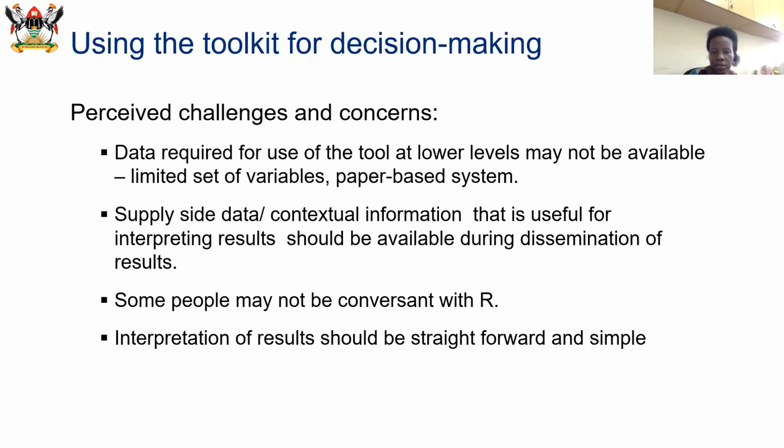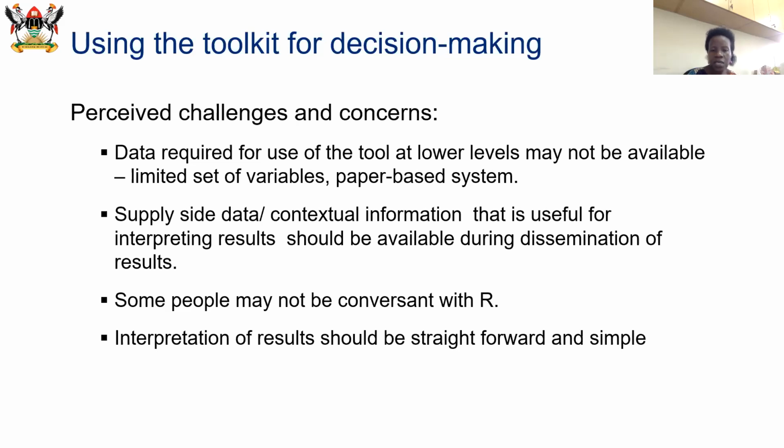Sometimes we do surveys, for example, we may do a coverage survey after an immunization campaign, but it may not have the set of variables that would help us to be able to understand inequities. So the issue of collection of a limited set of variables was a challenge that they could foresee.